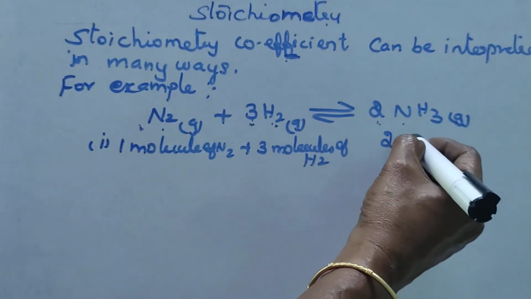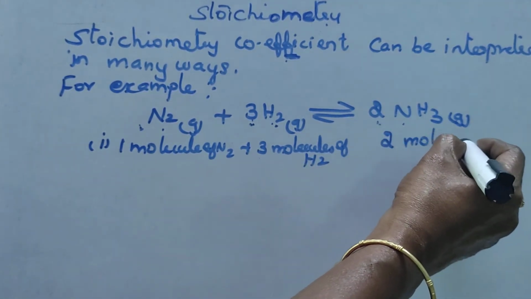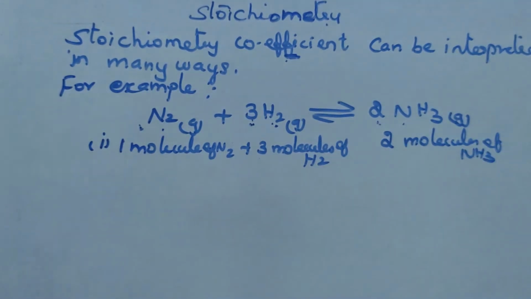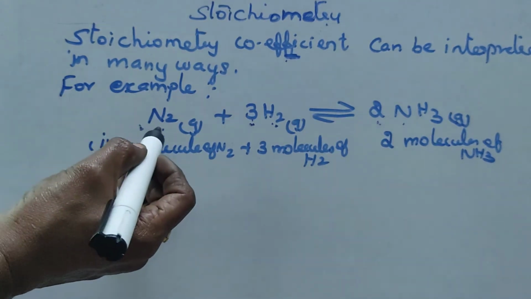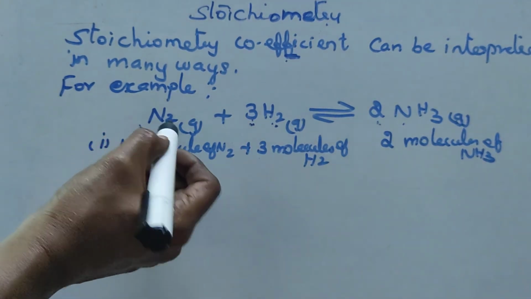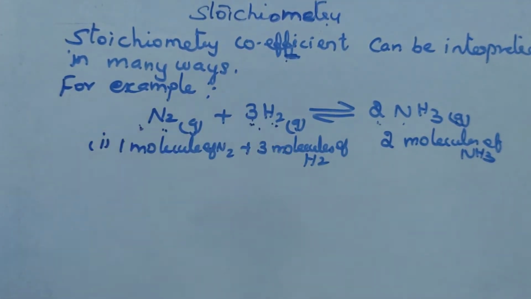It produces 2 molecules of ammonia. This is one way of interpretation. First way of interpretation, let us take in terms of molecule. 1 molecule of nitrogen combined with 3 molecule of hydrogen produces 2 molecules of ammonia.